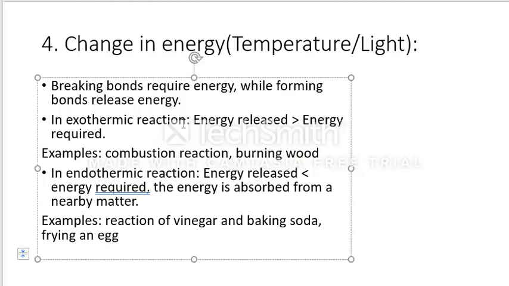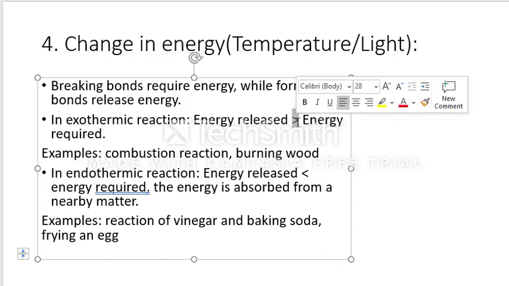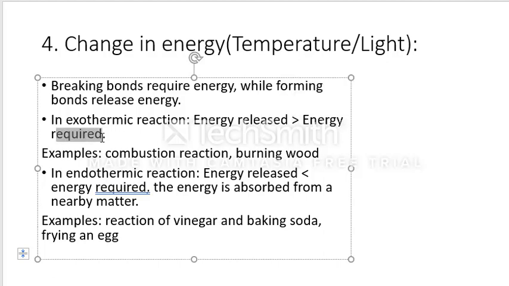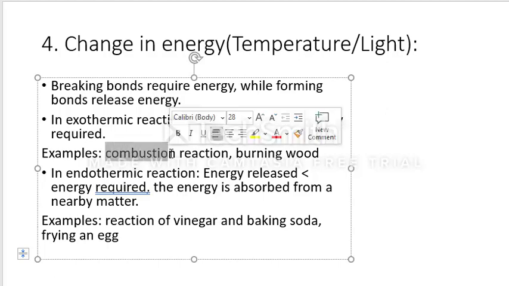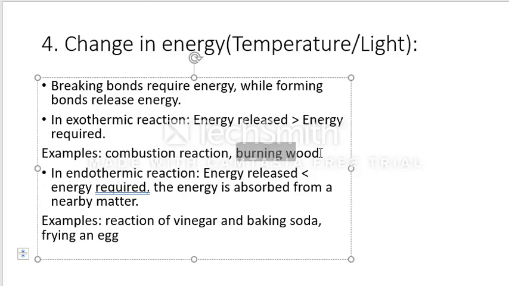In exothermic reactions, energy released in the products is greater than the energy required to break the bonds in the reactants. Examples: combustion reactions, anything that combusts or burns. You know that combustion needs oxygen. Burning wood, this is an example of an exothermic reaction.